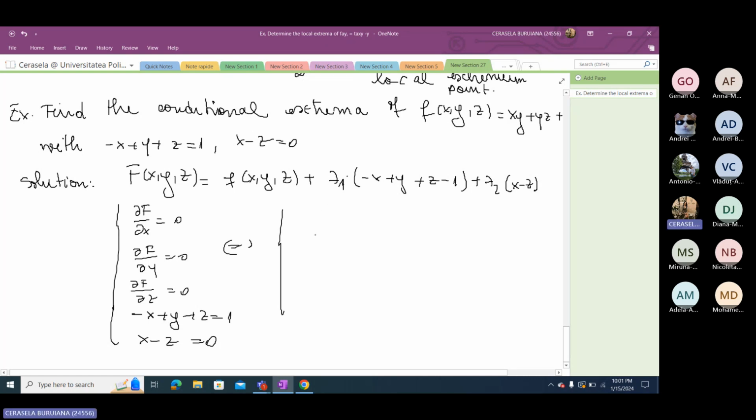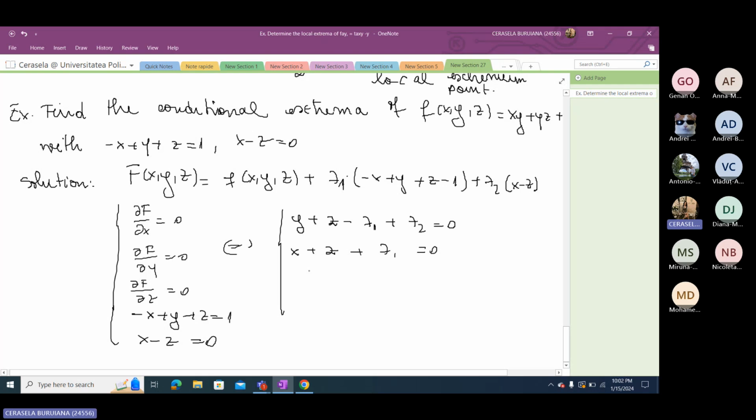F derived with respect to x, how much will it be? It will be y plus z minus lambda 1 plus lambda 2 equals 0. Is it okay? Please check the computations. Yes, it's good. Now, F derived with respect to y will be x plus z plus lambda 1 equals 0.